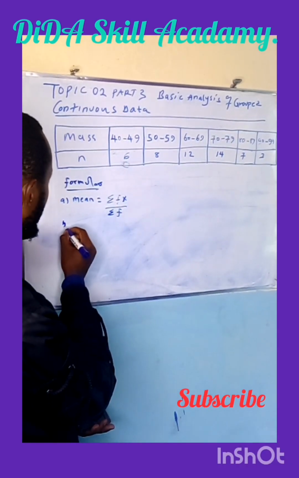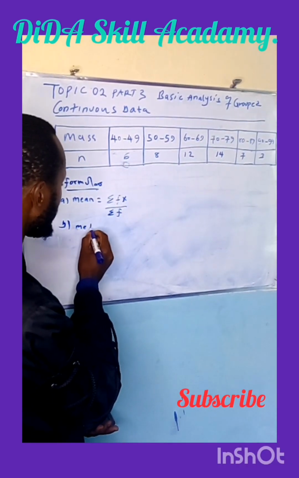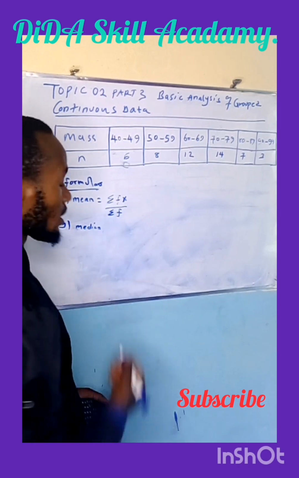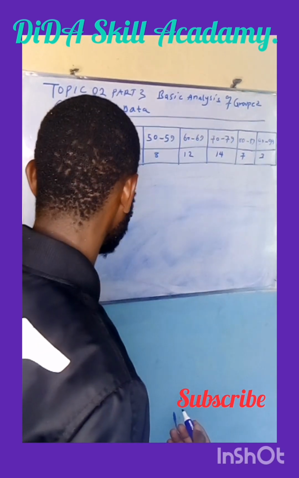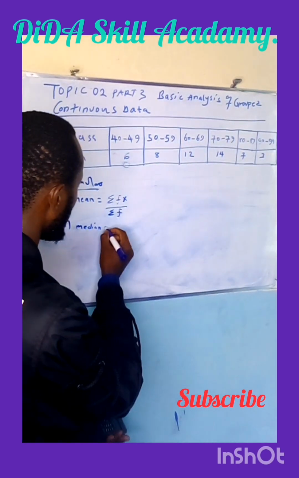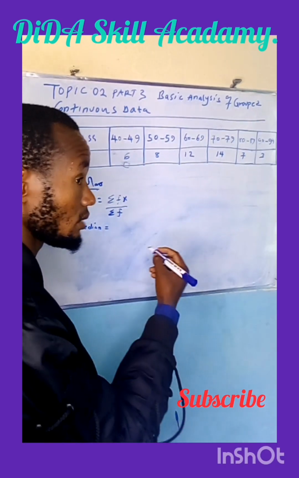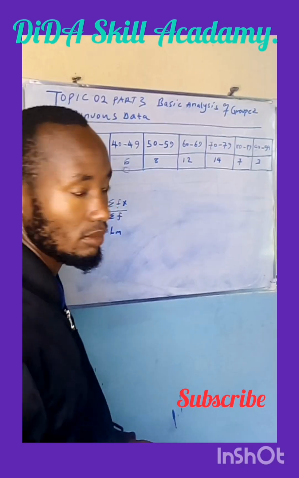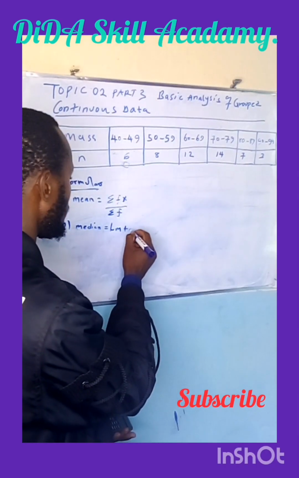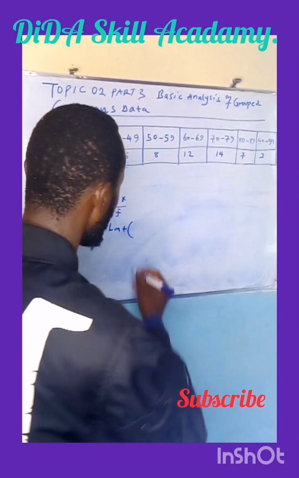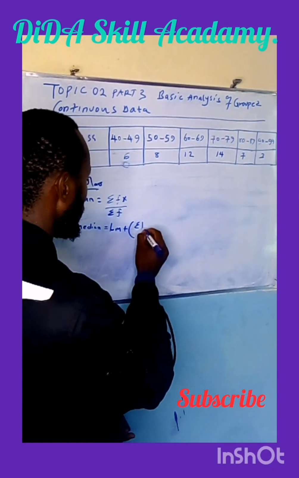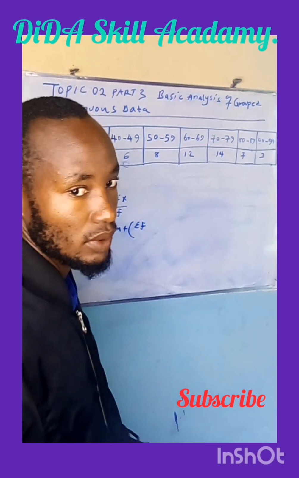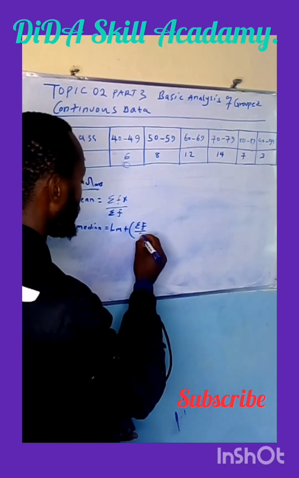The second one was the median as a measure of center of the data. The median is calculated by taking the lower class boundary of the median class. Then you add the summation of f, which is the total frequency, divided by 2.